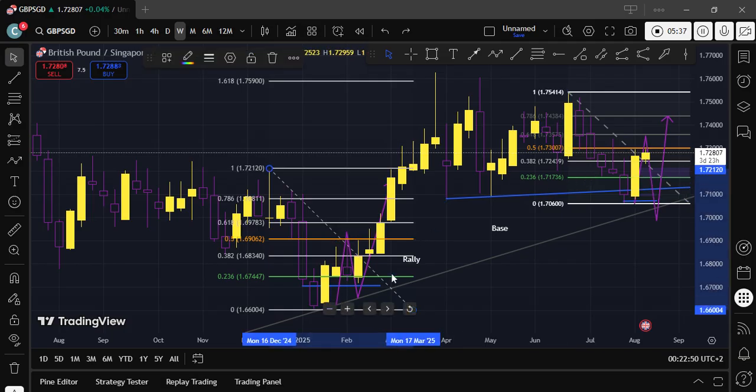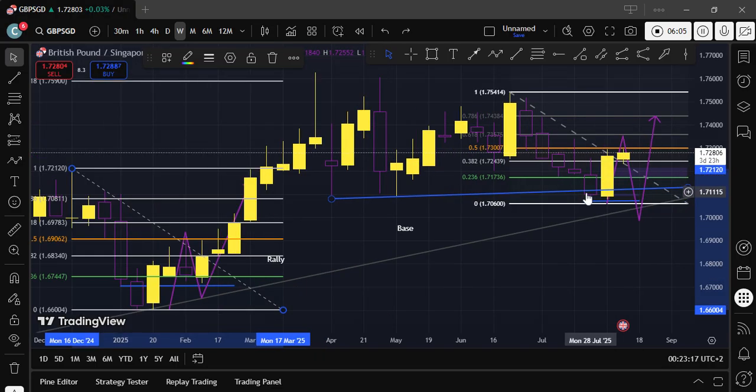So what happened here with the market missing my targets? I want you to look at this part, the one that is up here on the 23.6. Here it's below the 23.6 and here it lands on the 23.6.